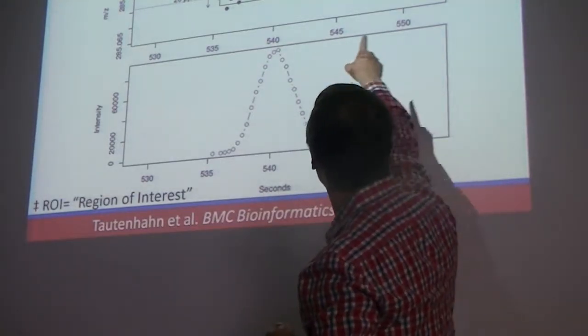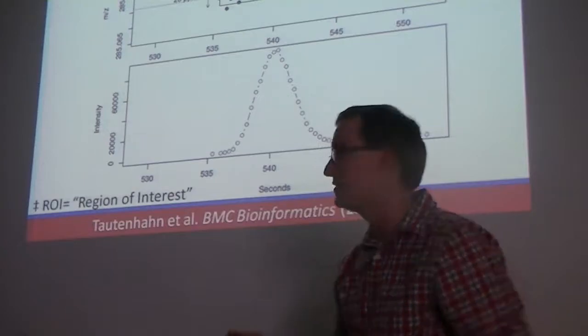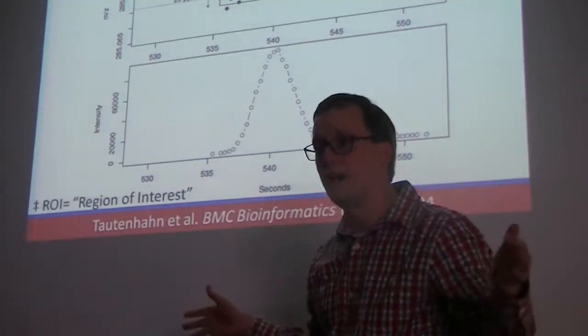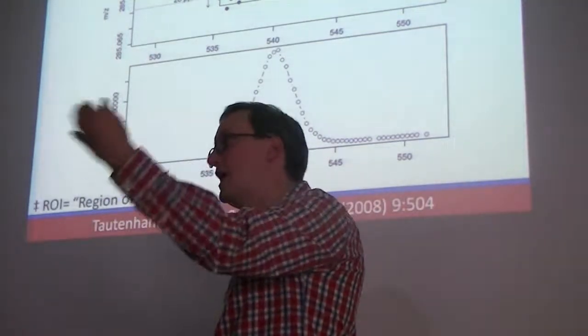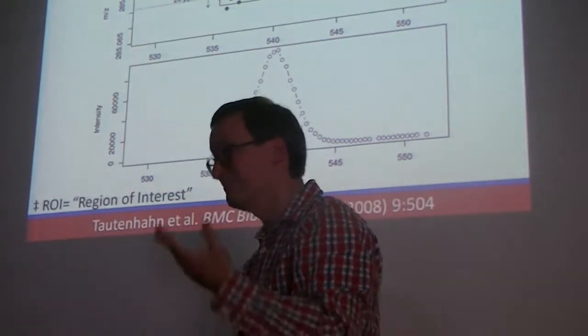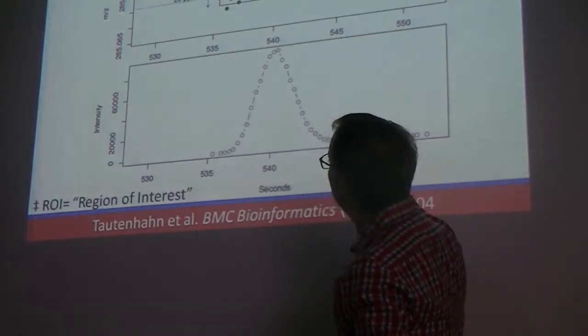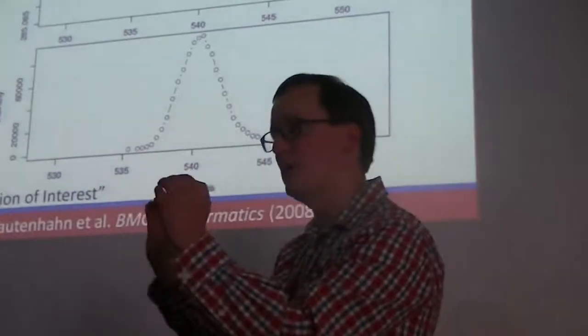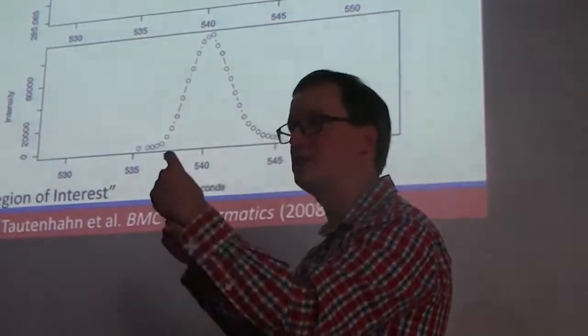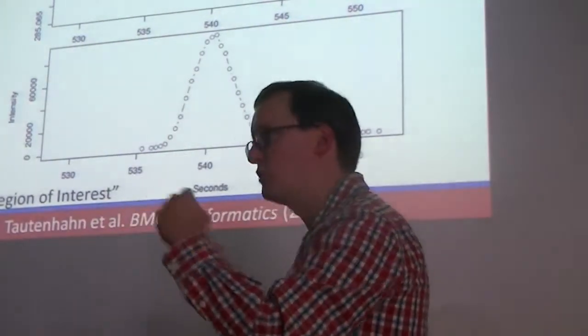But as the signal tails off, as we have less and less of it present, the mass is more error prone. And this is something that we see: the more intense the signal, the more accurately you can know its mass, in effect. Okay, so defining a region of interest is effectively drawing that box around it, saying these are the parts where a signal at this mass to charge value is most reliable.